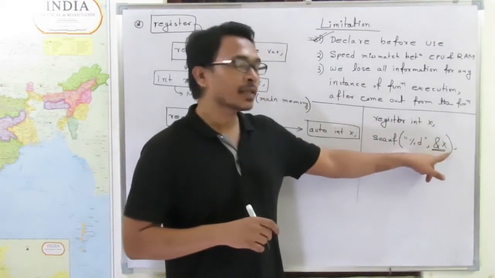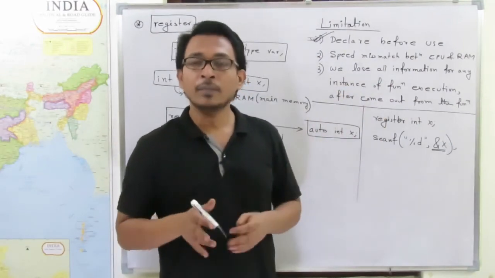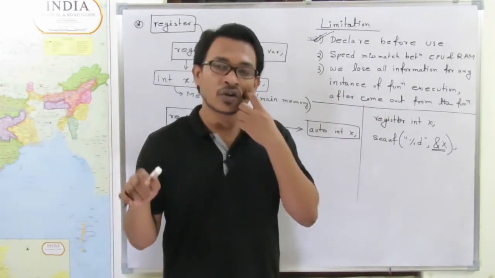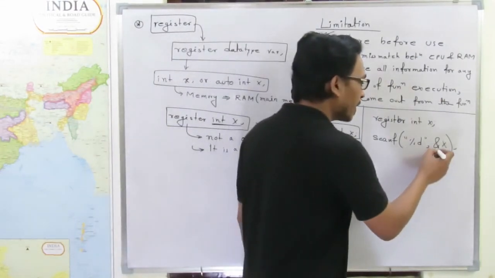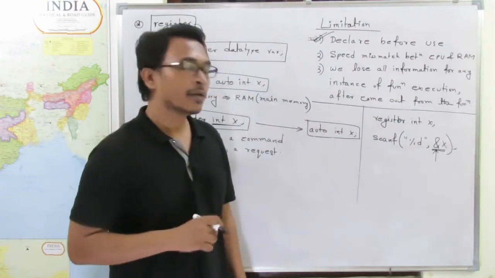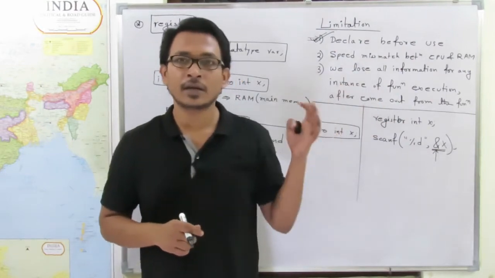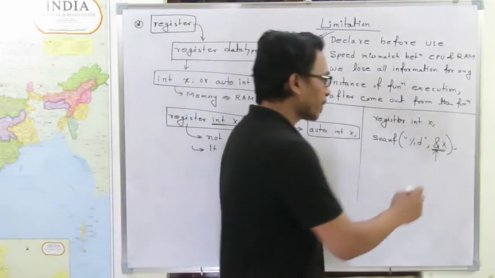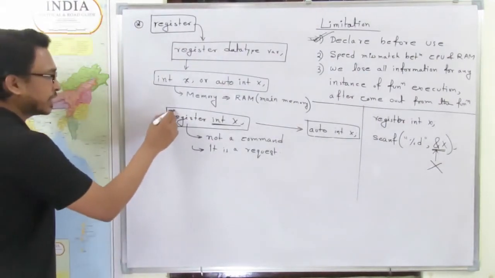Now if the memory block for x is allocated from a register, that register is not going to have any address. At that time this operator becomes invalid for a register, and due to that, if memory is allocated from a register, the system will give us an error. Clear? So this is one more problem with the use of register.